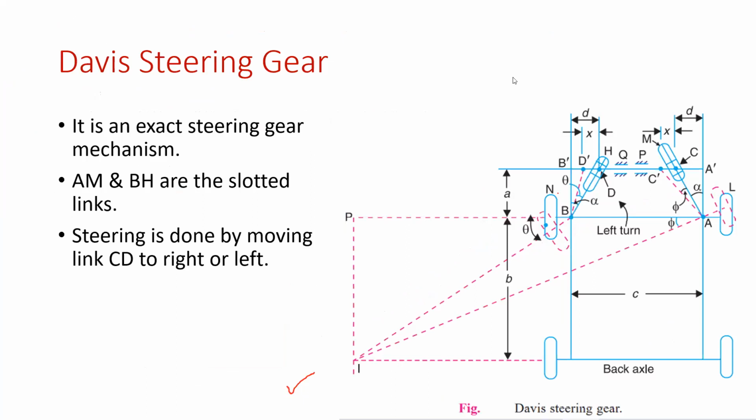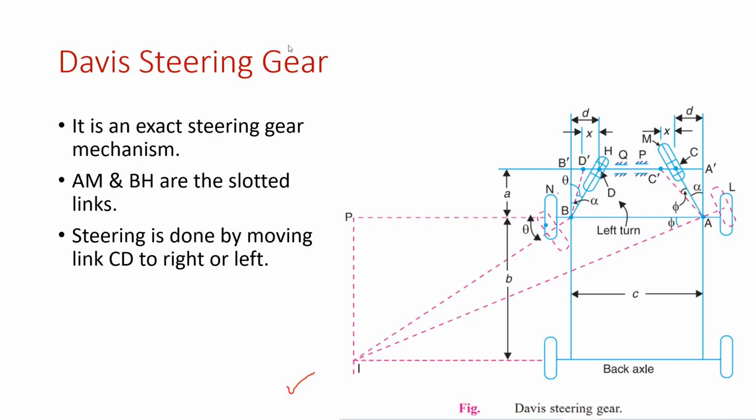So here you can see this Davis steering gear. It is a mechanism by which you can turn the front wheels of any vehicle so that you can change the direction of the vehicle.